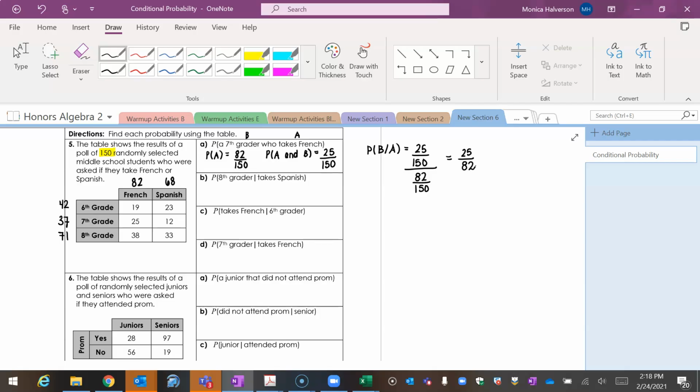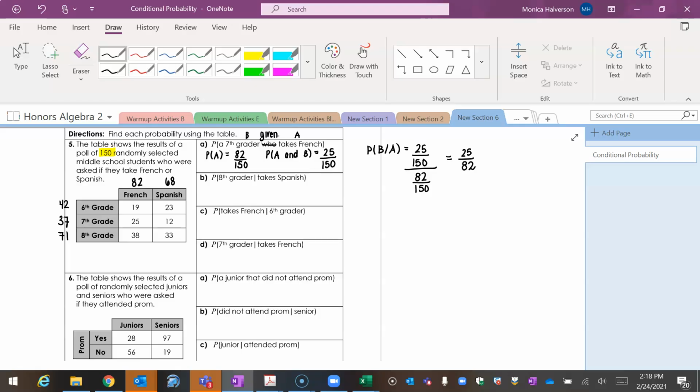Now, something very important is that instead of it saying who here, this would have had to say given to solve it this way. That would be the answer if it's a seventh grader given they take French. But they just asked for a seventh grader who takes French. That answer would just be 25 over 150, which is 1/6.